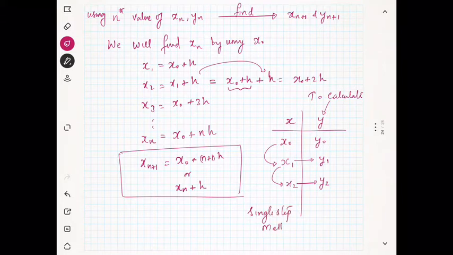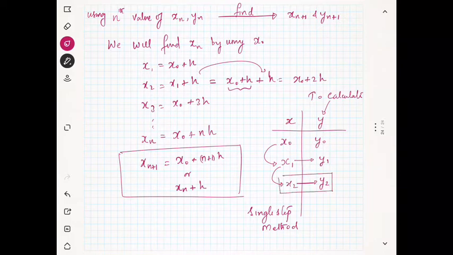Okay, you are calculating the next value by using the previous value or the current value. That is, you are going to calculate x2 and y2 by using x1 and y1, and this method is known as single step method.